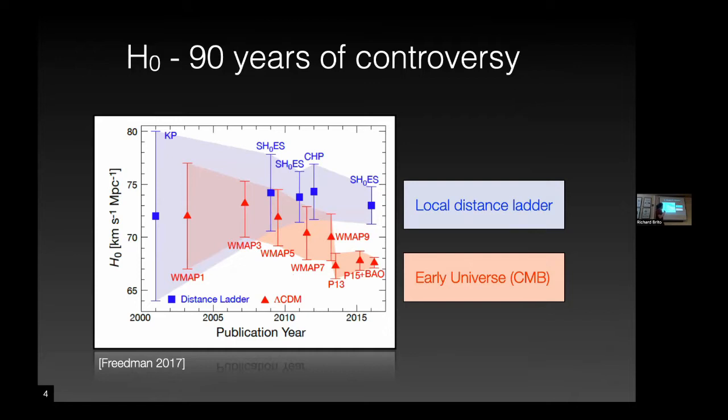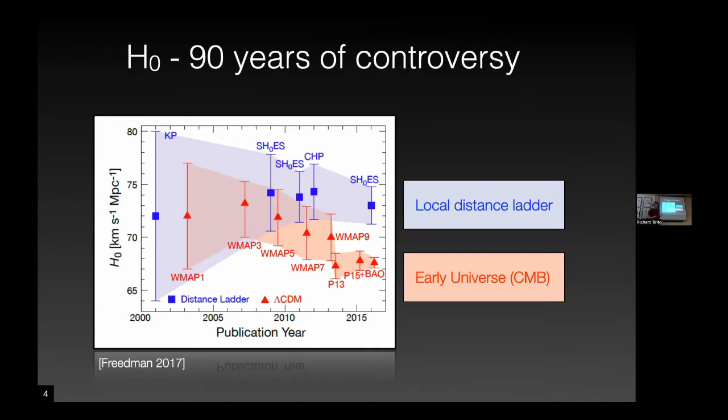And then both types of measurements, the measurements that are based on local quantities, the local distance ladder, and measurements that are based on the CMB and early universe physics, both became much more precise with time. And at some point, especially with the first data from the Planck satellite, they started to diverge.